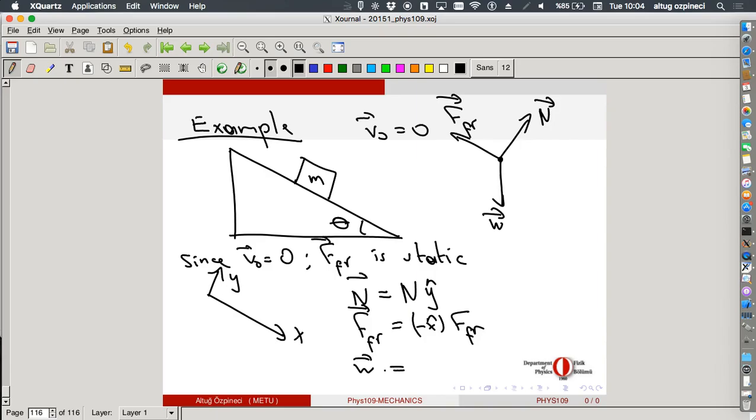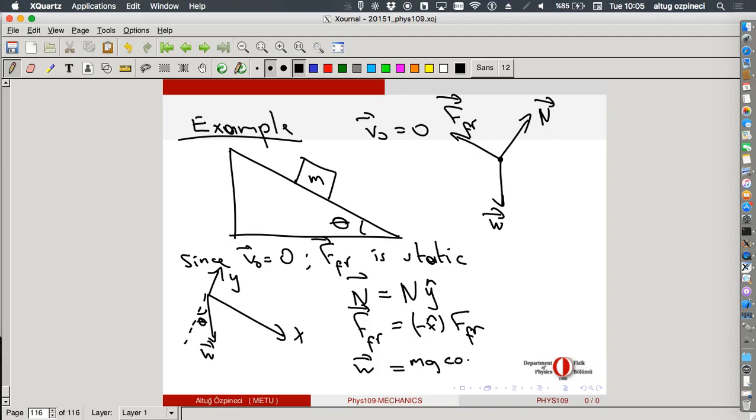And then we have the weight. What is the weight, in terms of the components? Well, let me just draw it over here. This is the weight, and this angle over here is theta.